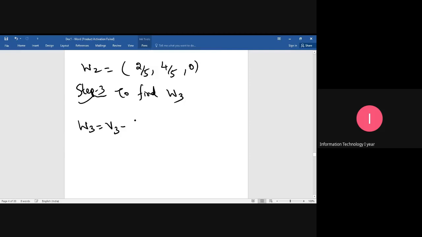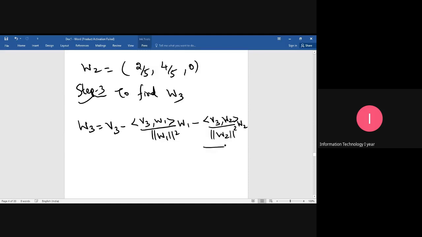V3 minus inner product of V3 comma W1 divided by norm W1 square into W1, minus inner product of V3 comma W2 by norm W2 square into W2.